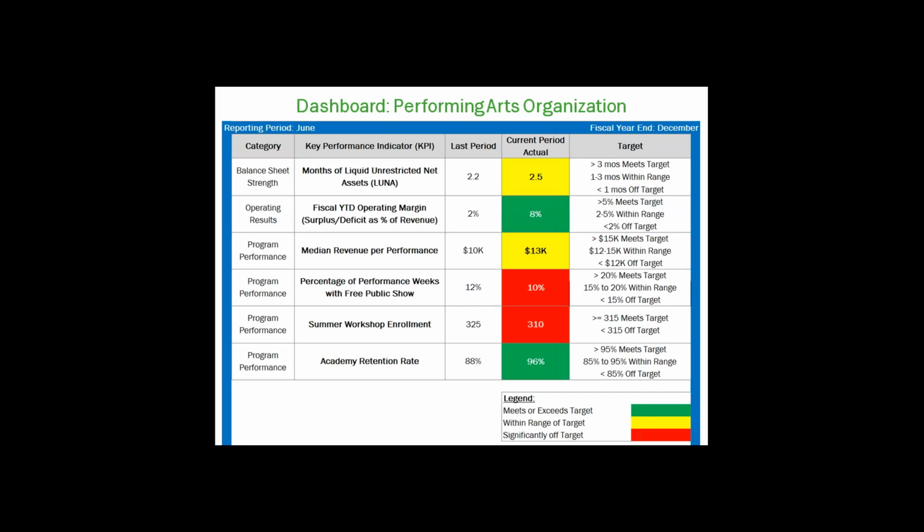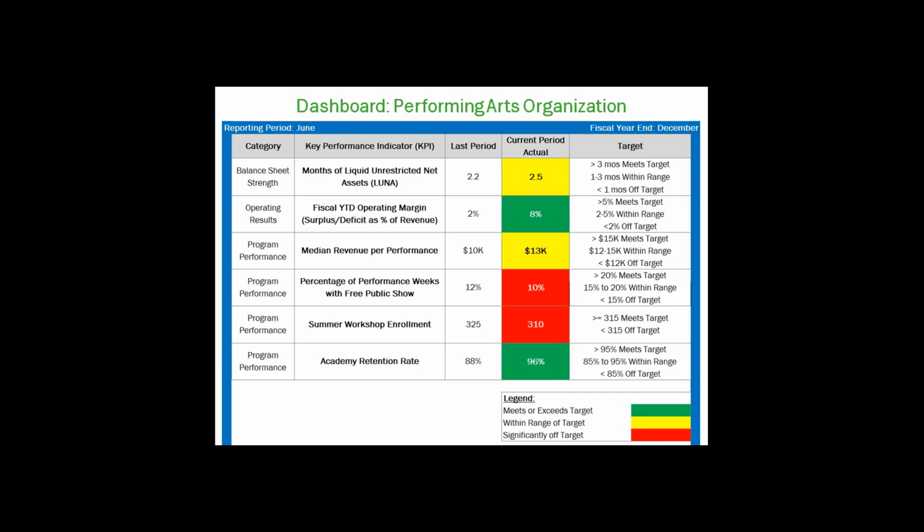And that's often easy. Well, success would look like if we had greater than 5% in the case of operating results, or in the case of program performance, if we had percentage of performance weeks with shows greater than 20% would be great. What will be yellow and what will be red is where performance management really becomes a philosophy for the organization.